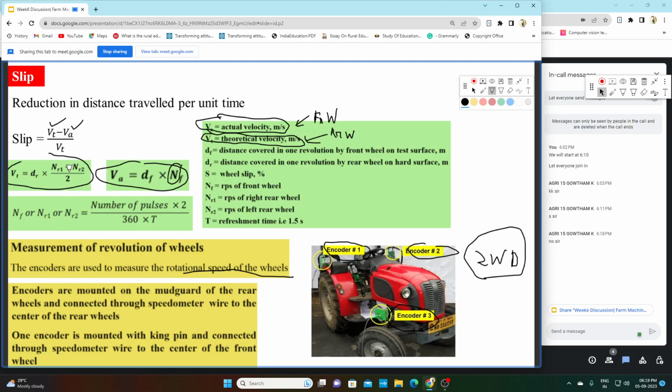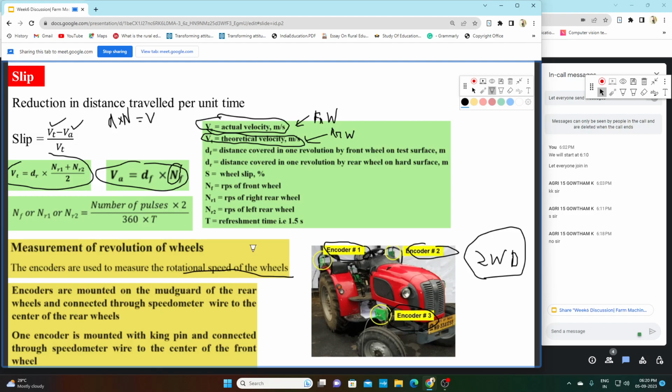That is why it is (nr1 plus nr2) divided by 2, into diameter. So d into n gives our velocity. V equals omega r, everyone knows, so by the same formula, v equals d into n, we get the velocity. By this we got Va and Vt.